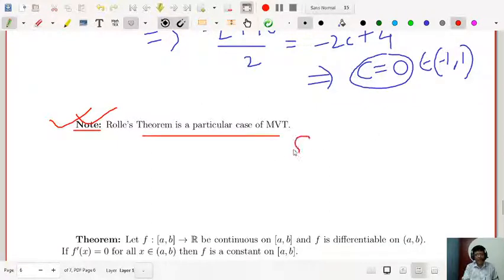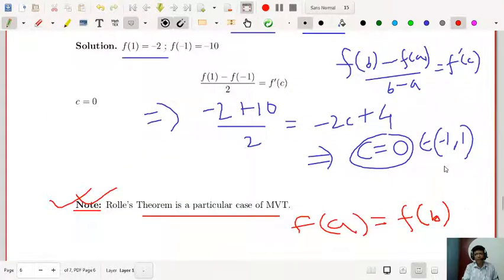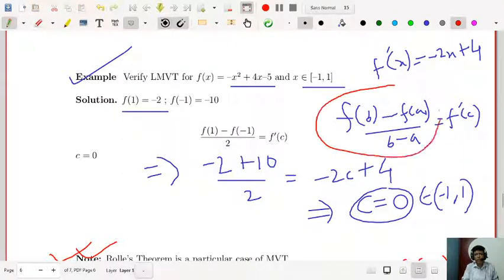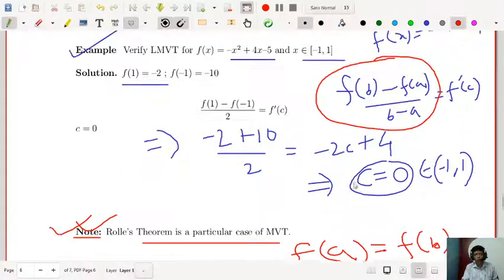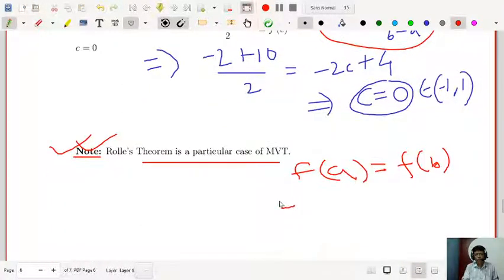Because in Lagrange's mean value theorem, if f(a) equals f(b), this will be 0. So your f dash c equals 0, and that is nothing but Rolle's theorem.